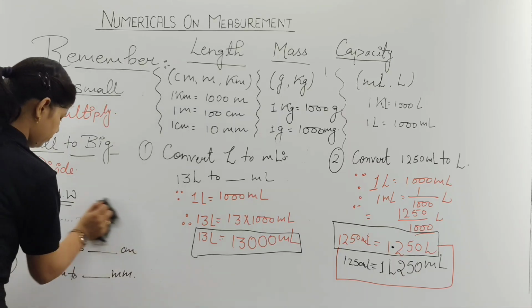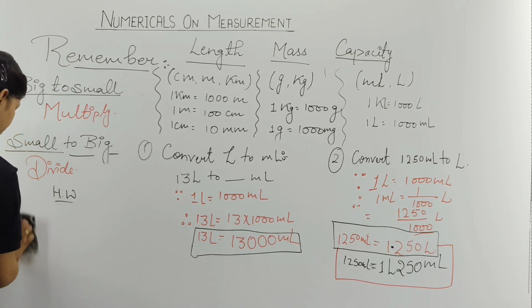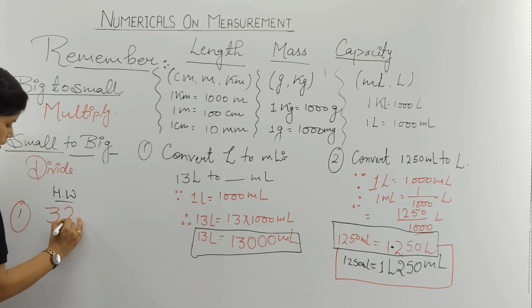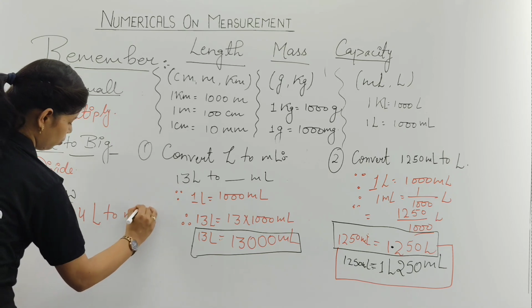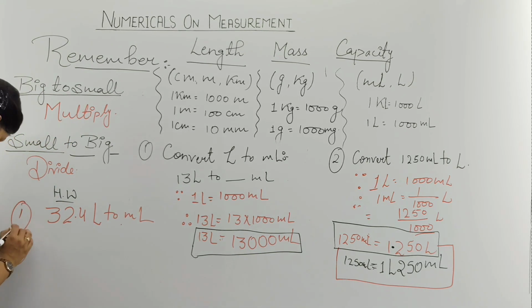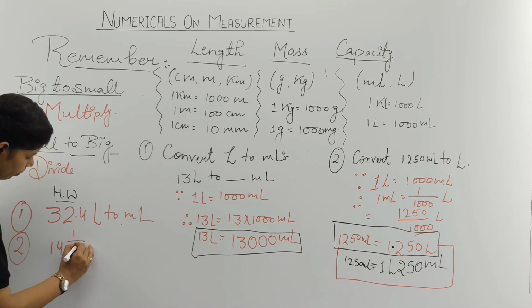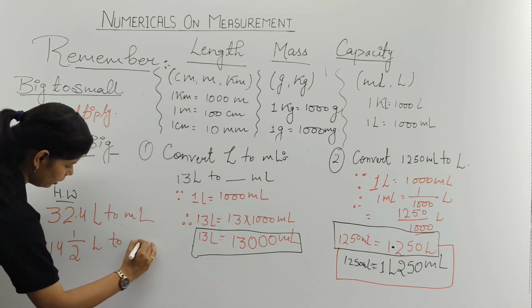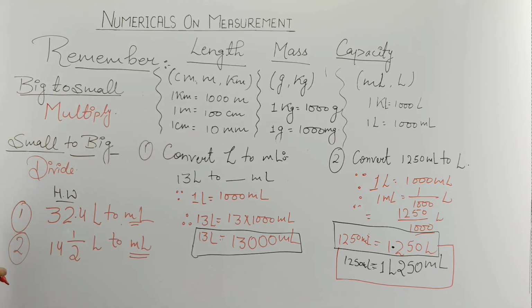First of yours is given 32.4 liter 2 milliliter. Second of yours is given 14 whole 1/2 liter. This question also I have solved when we are dealing with the deep discussions of the topic of capacity. We have solved such problems in that.